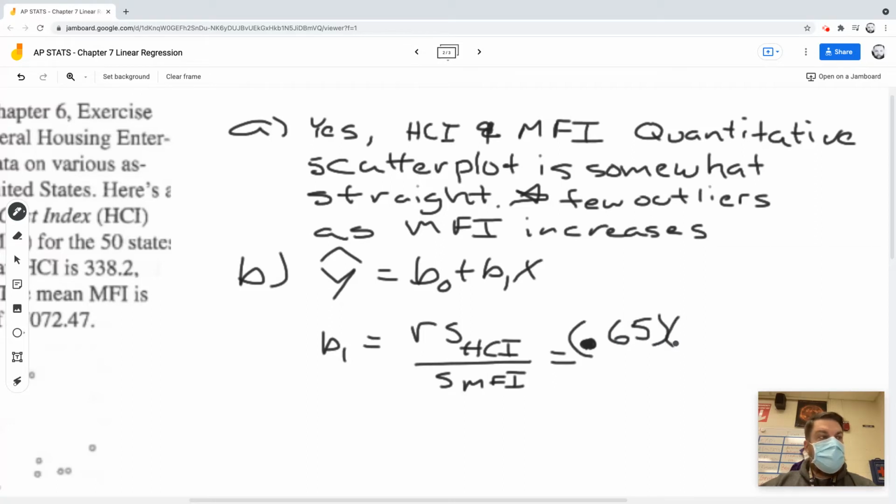The standard deviation was 116.55. All over the standard deviation of the median income, which was 7,072.47.